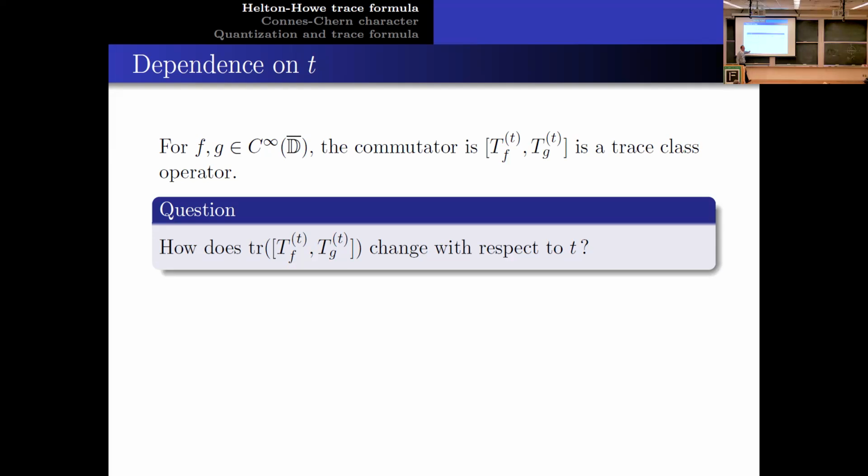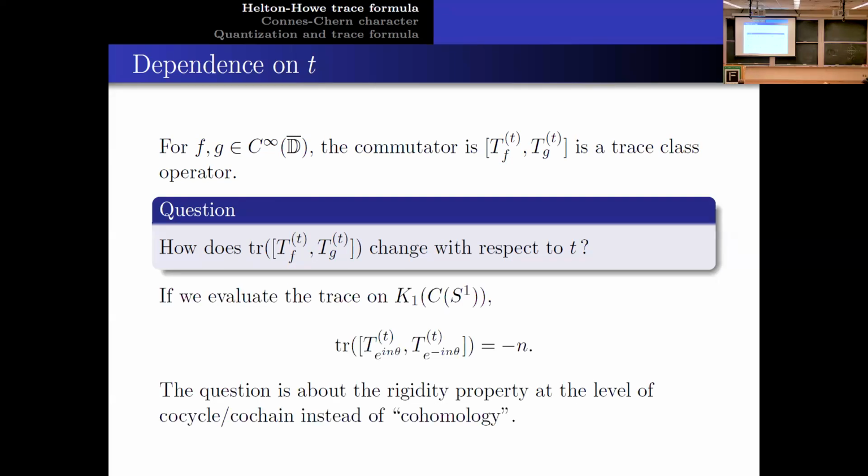So let me go back to the question we started with. If we look at the pairing of the trace with the K-theory elements, then because this is a rigid object, K-theory of extension classes are just integers. Now we have a family, so they shouldn't be changing the K-homology class, and this number does not change.